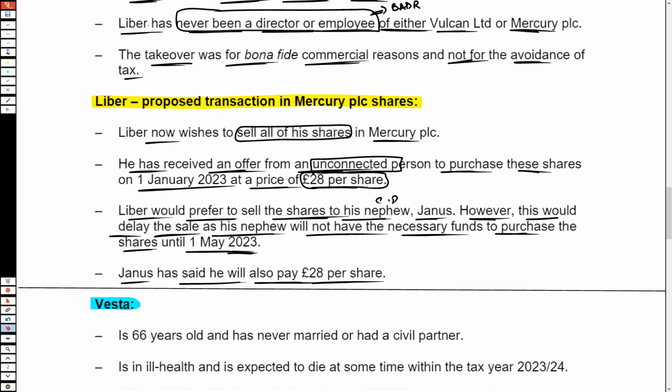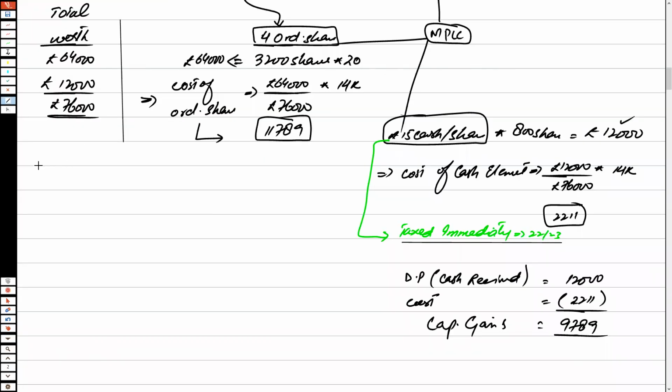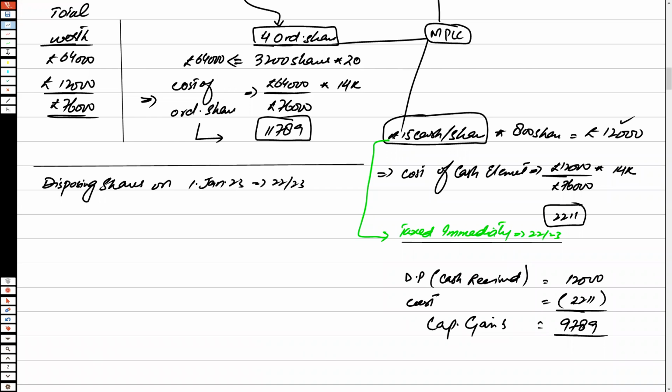So I'm considering the same transaction now, disposing shares on 1st Jan 23, which is also in the fiscal year 22-23.